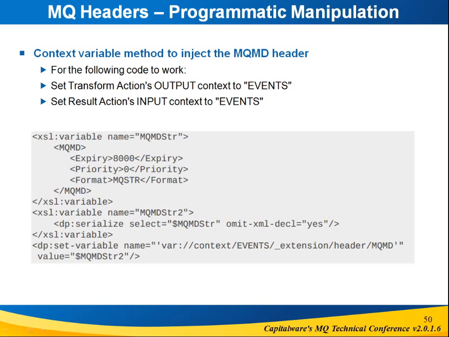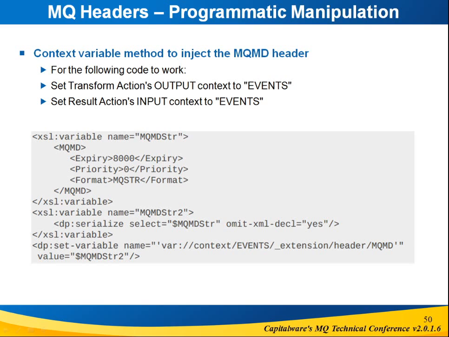Now, there's also a way of using context variables to inject into the message descriptor header. In order to do this, you have to, in this example at least, set the transform action's output context to events, and then set the result action's input context to events. So here, now what we do is we say XSL variable called MQMD string is equal to, and then we set up our message descriptor with all of the parameter values we want.